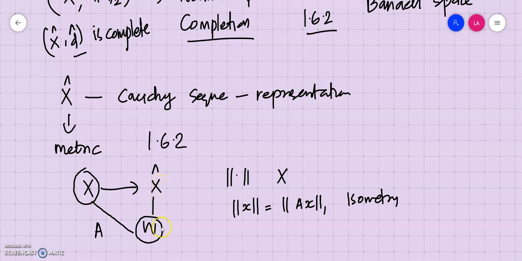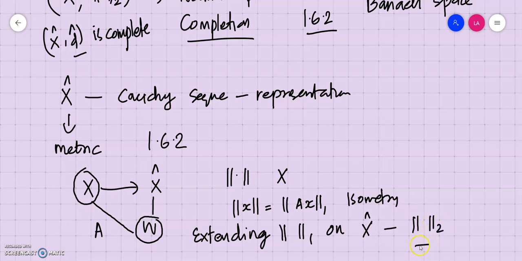Now it is enough to establish a norm in X cap by extending norm 1 onto the bigger space X cap, because norm 1 is defined on W. W is actually a subspace of X cap. So this norm is termed as norm 2. We have defined one such norm and proved that it satisfies all the conditions of the norm. So X cap along with norm 2 forms the normed space.